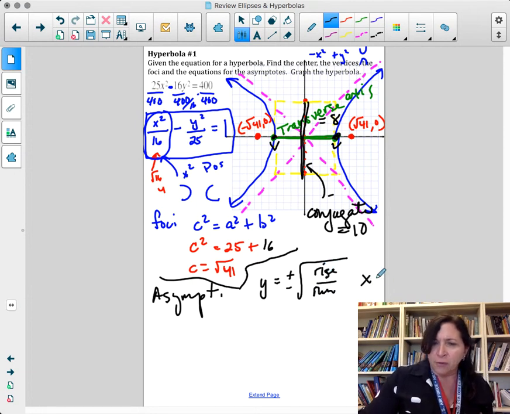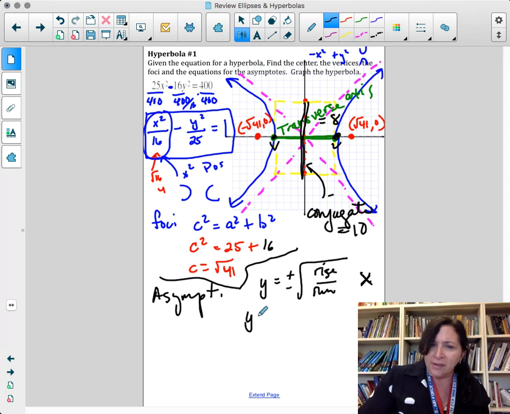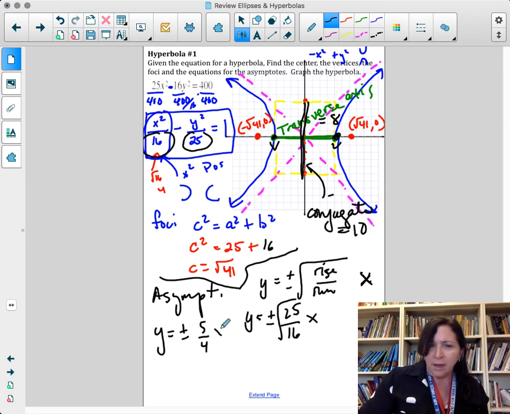And don't forget the x, because these are actually lines, so you do need an x there. So y is equal to plus or minus the square root of 25 over 16, x. My asymptote equation is y equals plus or minus 5 over 4 x.